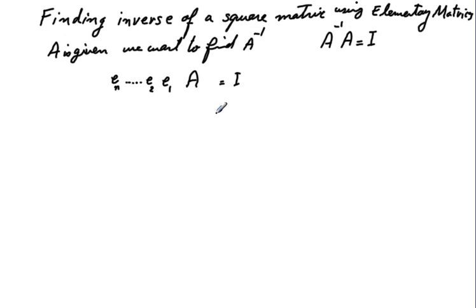Then these operations themselves have to be playing the role of A inverse, that the accumulation of all of these together is the same as the inverse of the original matrix. So if I take all of these and apply them to identity, I'm going to get the inverse of the given matrix. Let's see how this is going to be carried out.